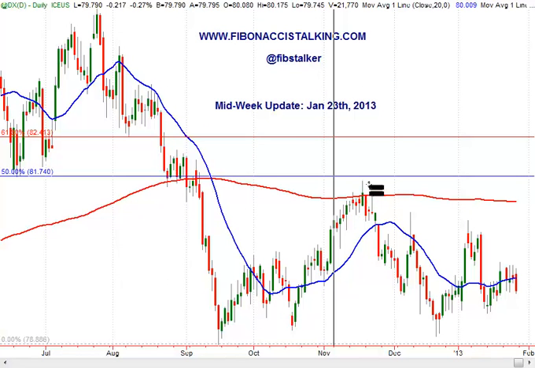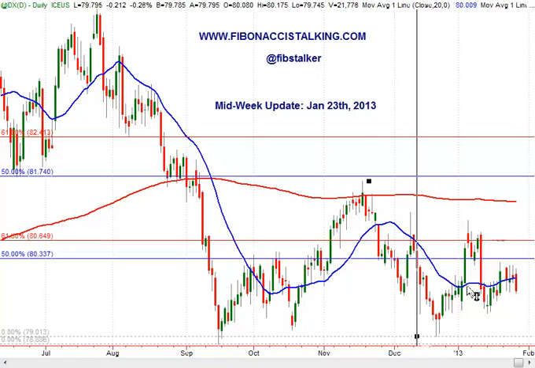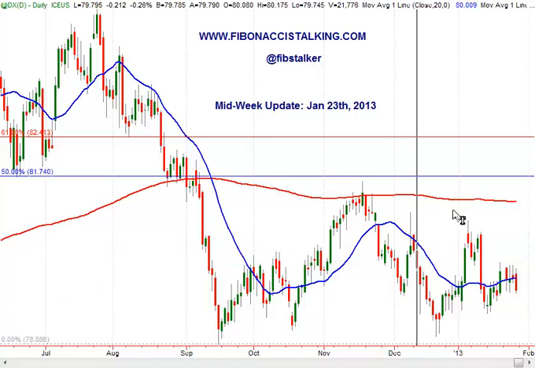This brought price all the way halfway back, but this was only a move we saw in response to the fiscal cliff.